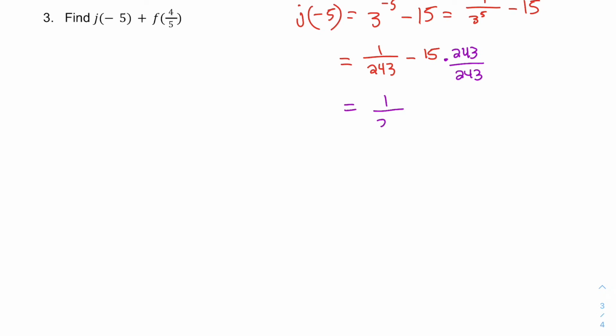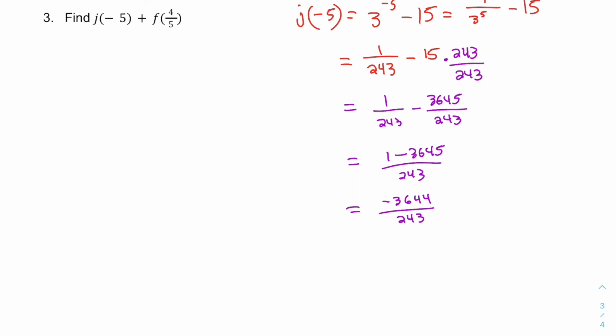So this is equal to 1 over 243 minus 3,645 over 243, which is equal to 1 minus 3,645 over 243, which is equal to negative 3,644 over 243.